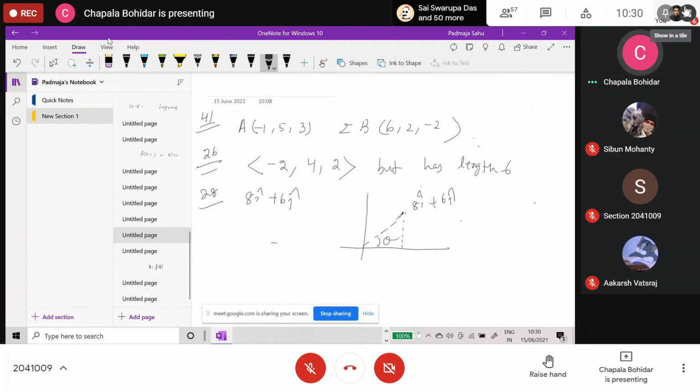So what do you write down? What is this value? It is 8i cap 6j cap. I can write tan theta is equal to y by x, is it not?